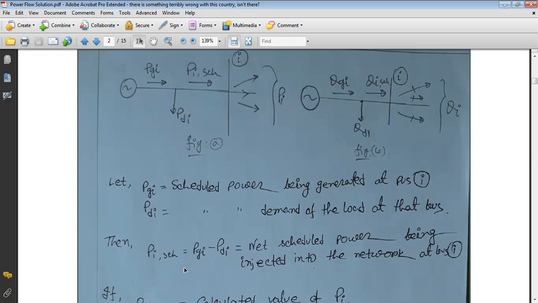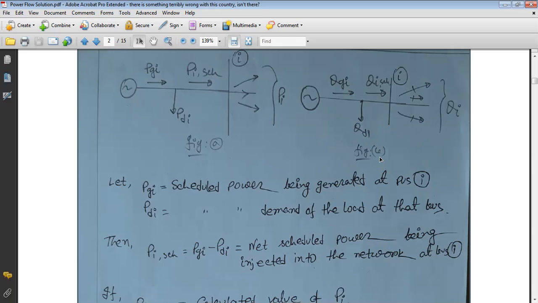So this is the equation of scheduled power, or the transmitted power from a particular bus to the other connected buses: the scheduled or injected power is equal to the generated power minus the demand of the particular bus in which the generator is connected. Now this equation is true for the real power as well as for the reactive power.